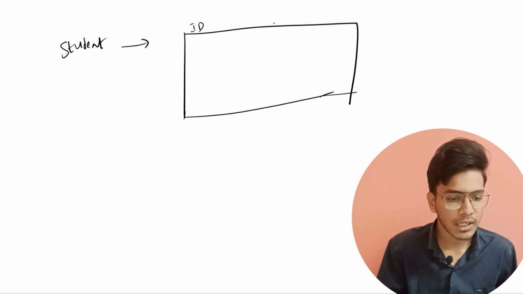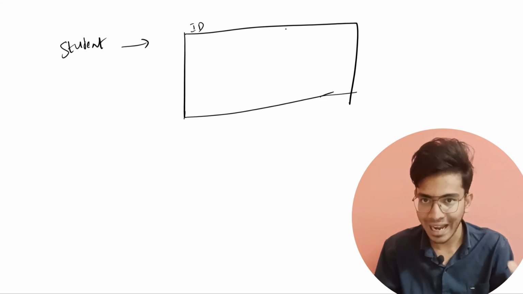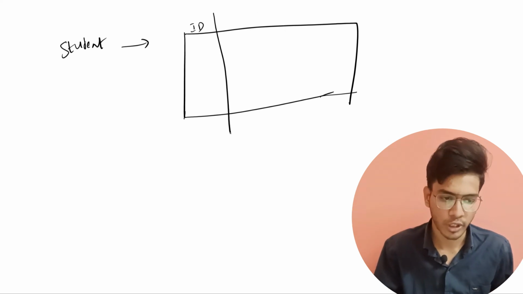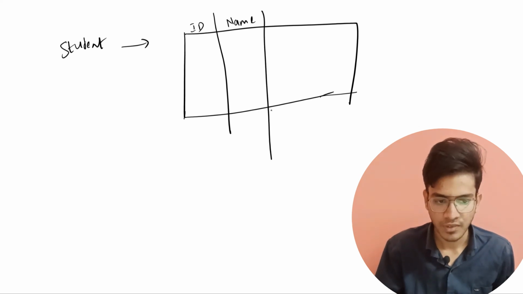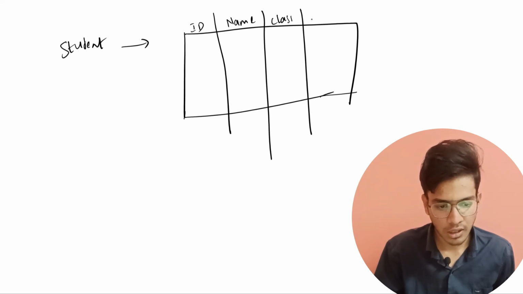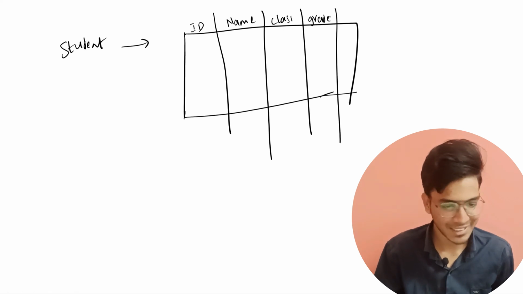In the first column I will store the ID of a particular student. After that I will store the name of the student, then his class, grade, and department. I'm not an artist, so bear with my diagram.